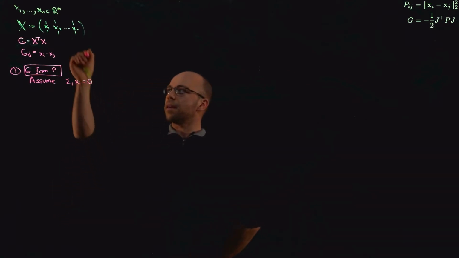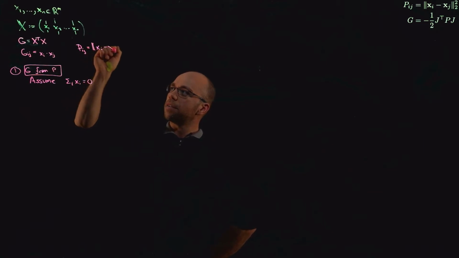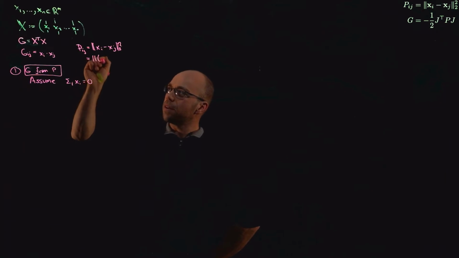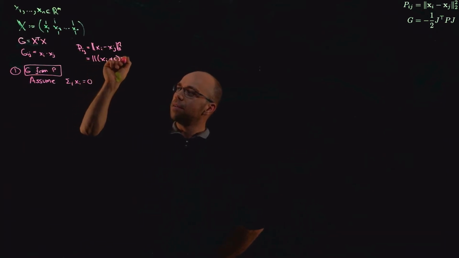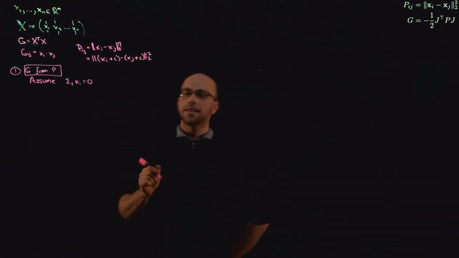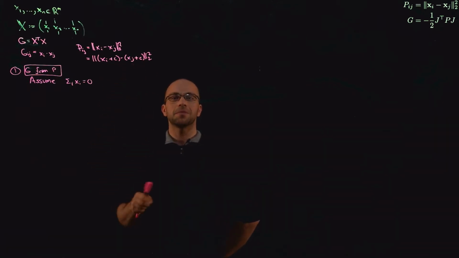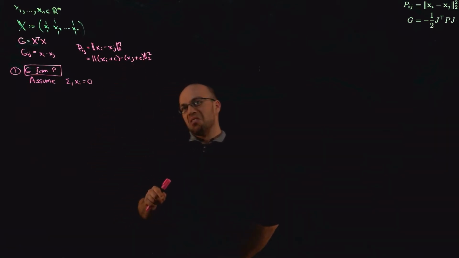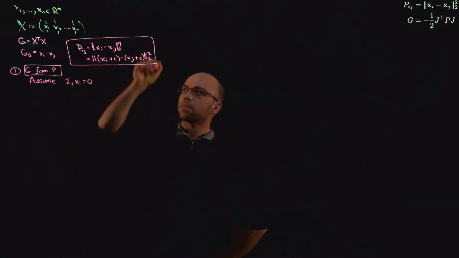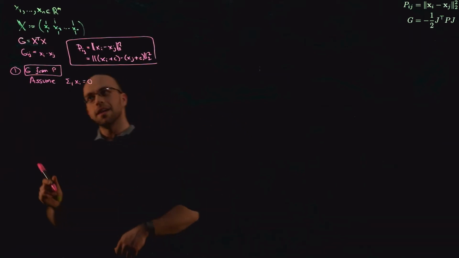Again, remember that Pij here is equal to the norm of xi minus xj squared, and of course, that's the same as xi plus a constant minus xj plus a constant for any constant. And so we really don't expect to be able to do better than to recover our point cloud, certainly up to a constant shift here. So I'm going to just shift everything so that they sum to 0. Their center of mass is 0. Okay, so now that we made that assumption, let's see if we can figure this out.